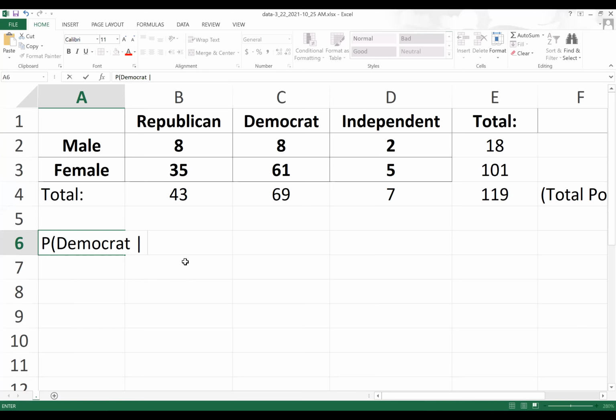Out of all the male politicians, you want to look at the percentage of Democrat. So that should be 8 over 18. This is the easiest way to understand conditional probability. It's looking at the given condition here, which is male, 18 males in total. And out of 18 males, only 8 of them belong to the Democratic Party. So that will be 8 over 18, and that should give us the answer.